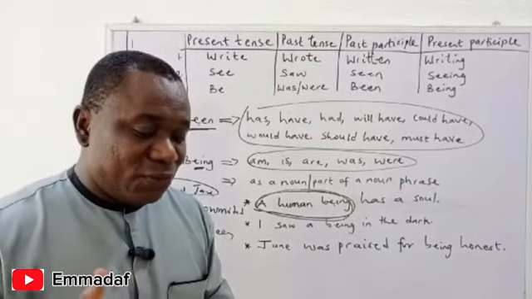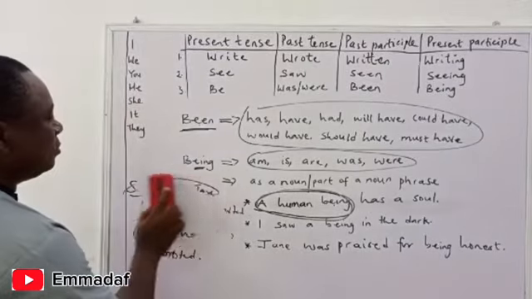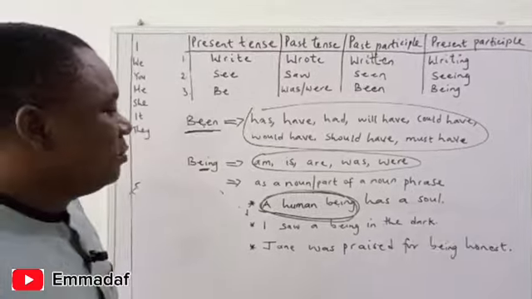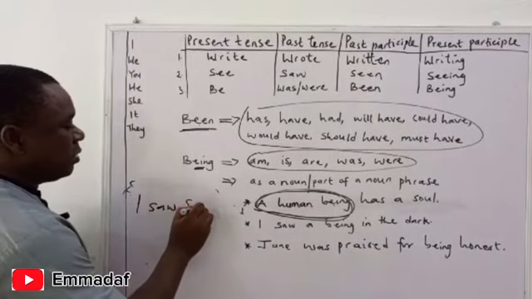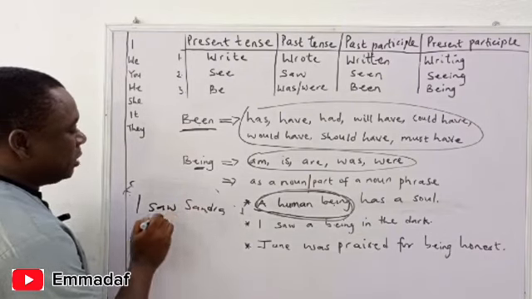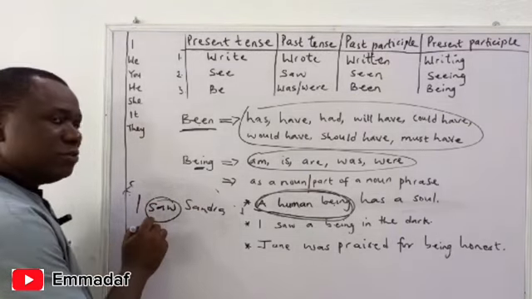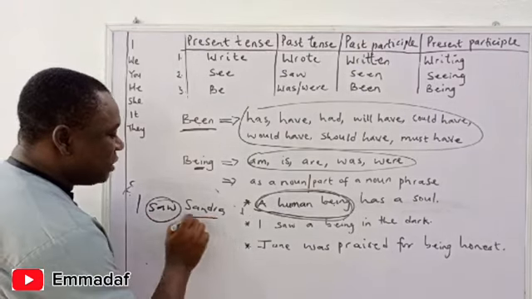Now, nouns also function as the object of the verb. I saw Sandra. This is the verb. It's an action verb. And the receiver of the action is Sandra.